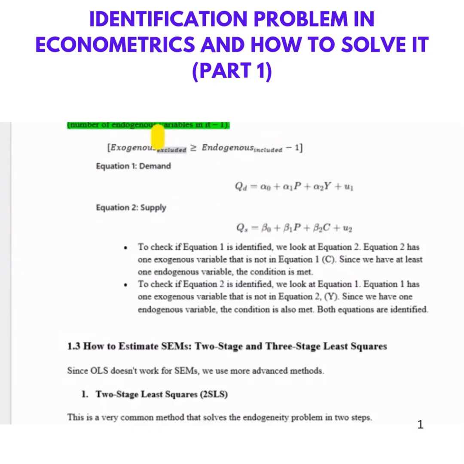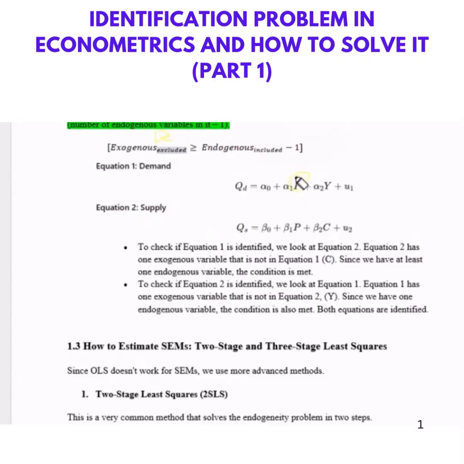So this one should be greater or equal to endogenous variable included minus 1. If you look at this first equation, the endogenous variable included is P, right? P is the endogenous variable that is included.